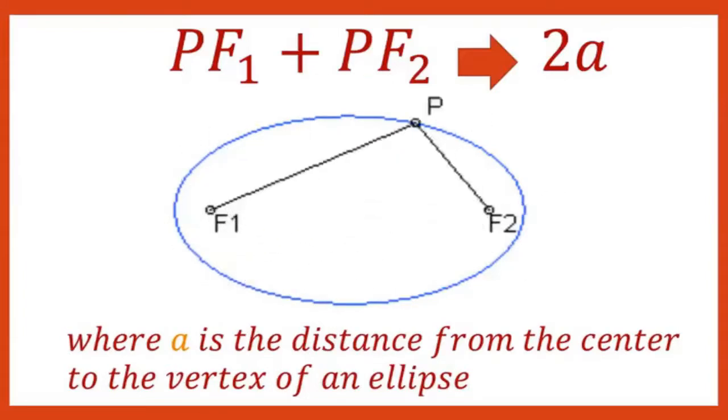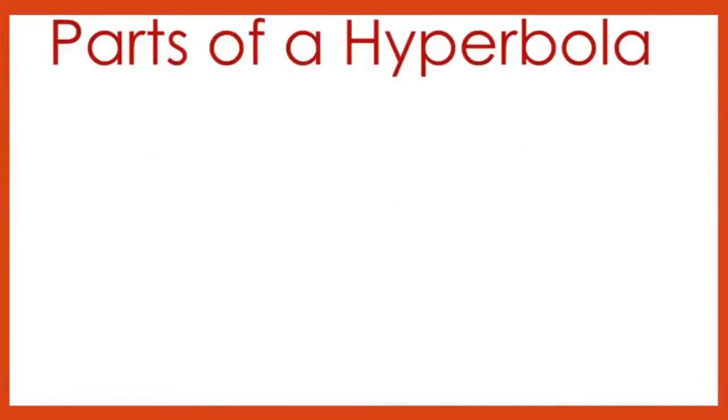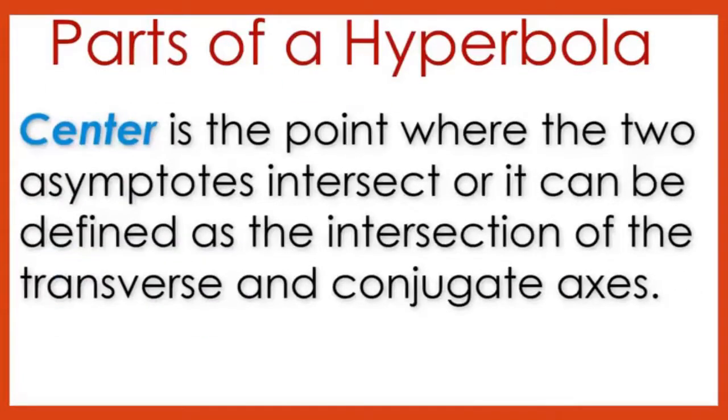Okay. So here are the parts of a hyperbola. The first one is the center. Ano ba yung center? It's the point where the two asymptotes intersect, or it can be defined as the intersection of the transverse and conjugate axes. Okay.